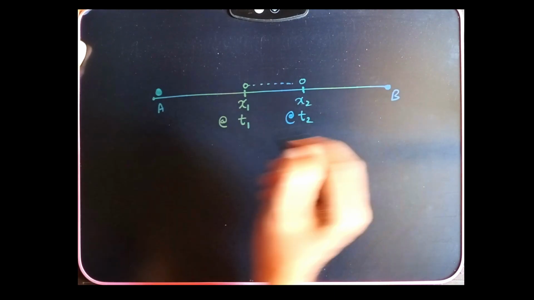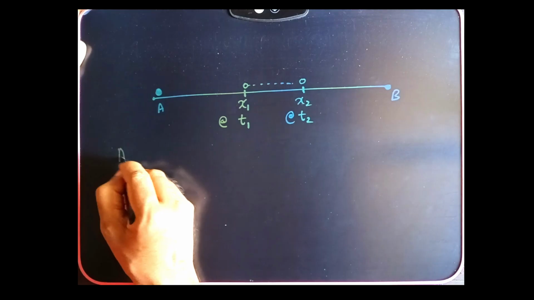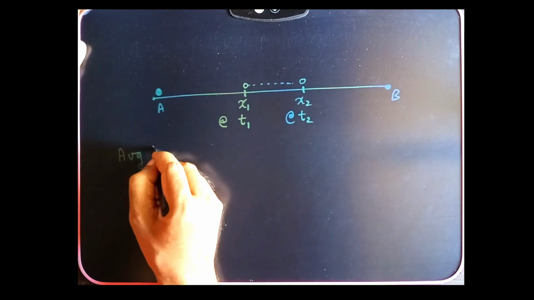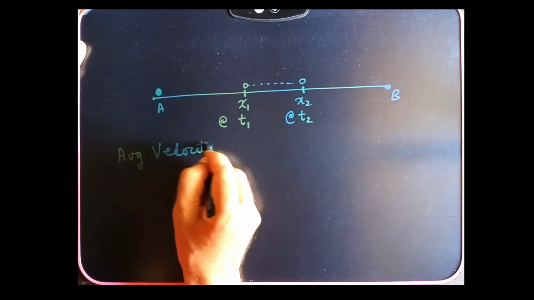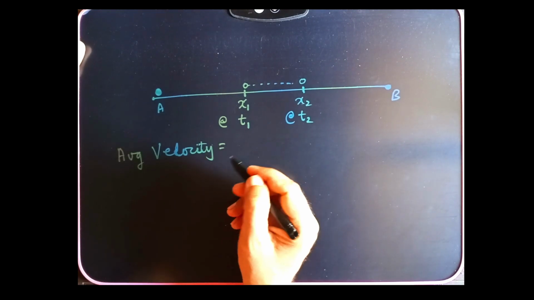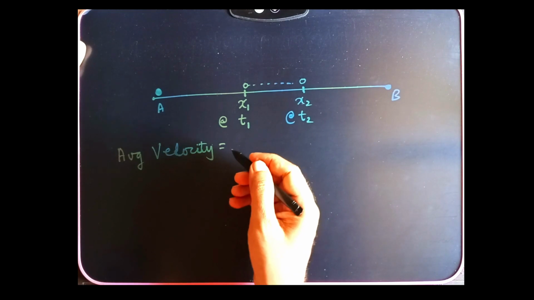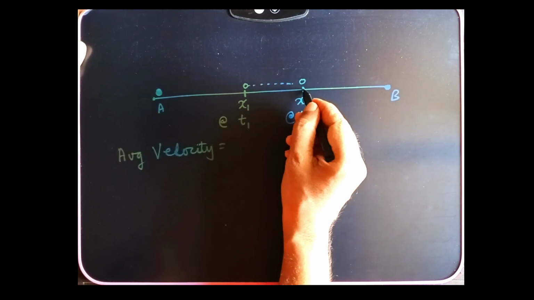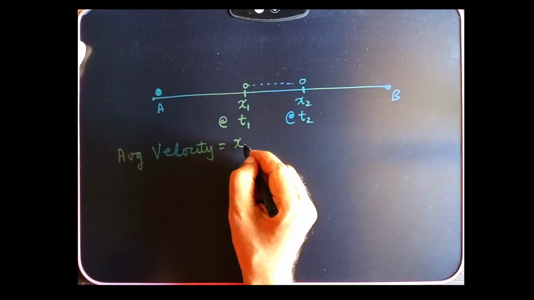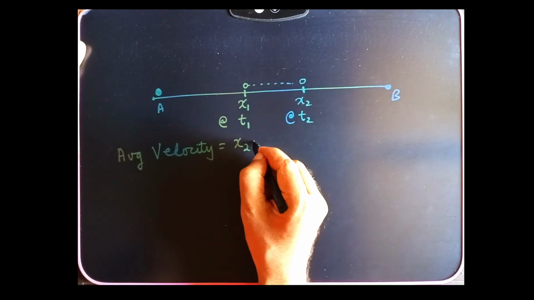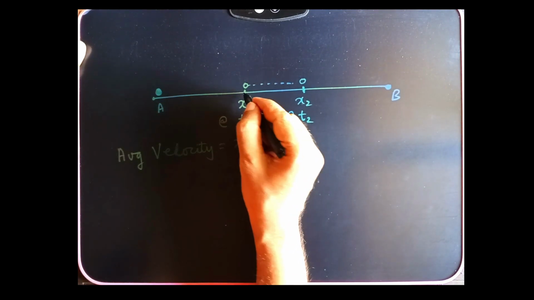So now how will we define average velocity? Average velocity, we know, is the change in displacement. Change in displacement is measured by the final position, so we take x final as x2, minus the initial position.